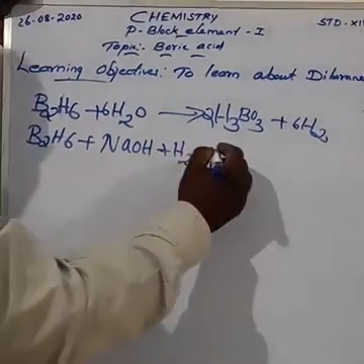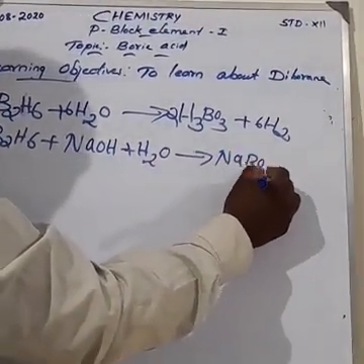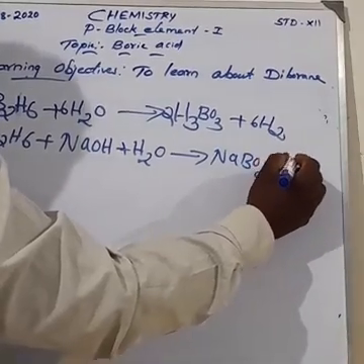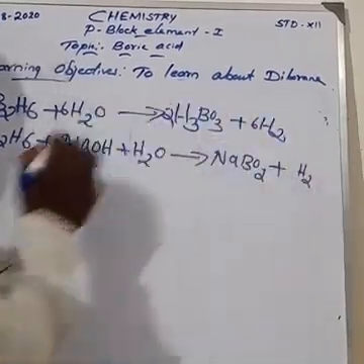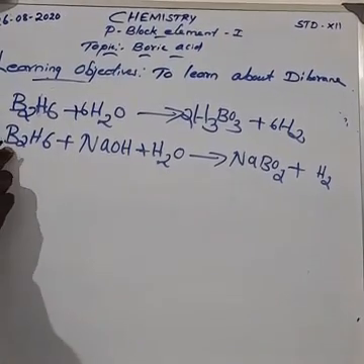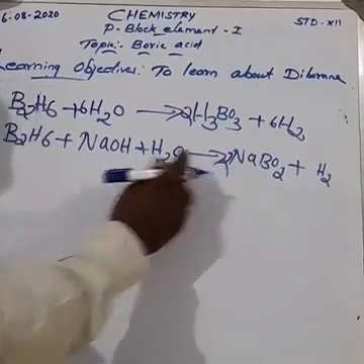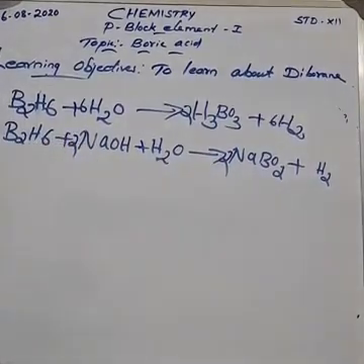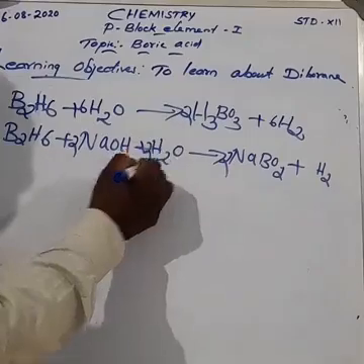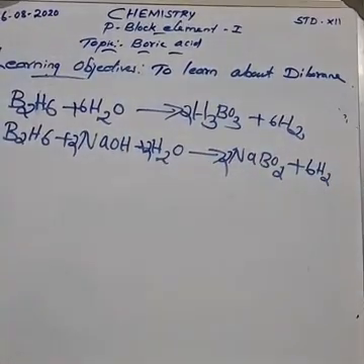We get sodium metaborate, NaBO2, plus H2. How can you solve this equation? Here there are 2 boron, here only 1. 2 sodium, 2 sodium. Here the equation has 6H2. Now the equation is balanced.